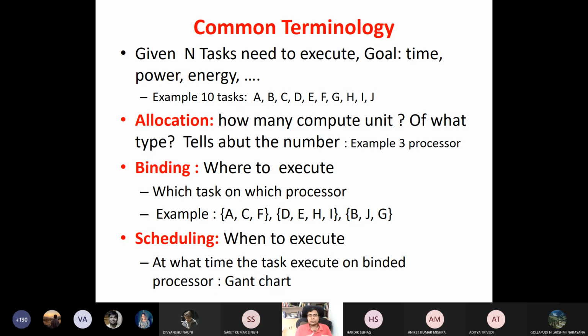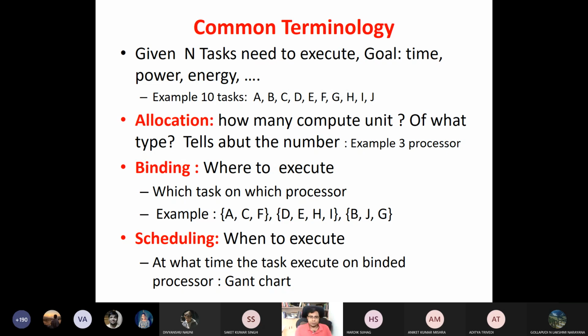The second one is binding. It tells where to execute, which task on which processor. In this example of 10 tasks and 3 processors, binding says which task will go onto which processor.